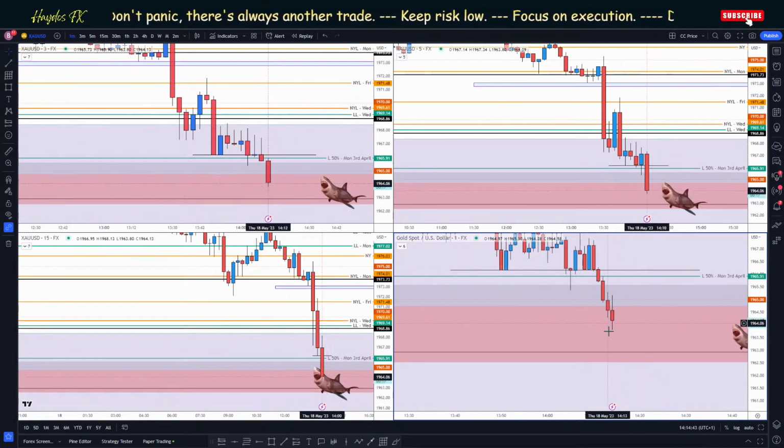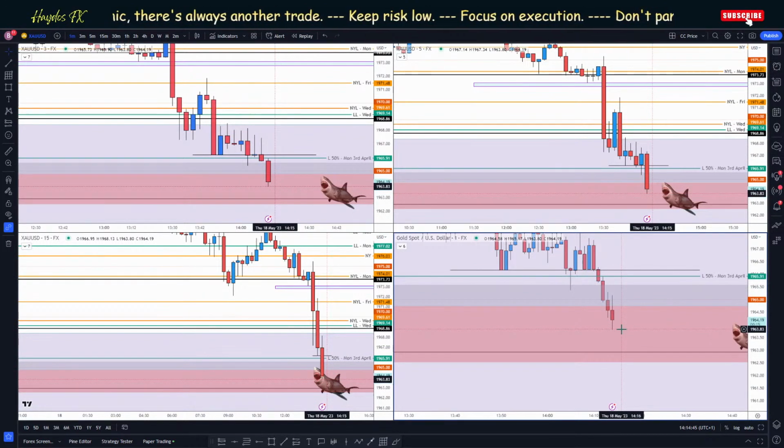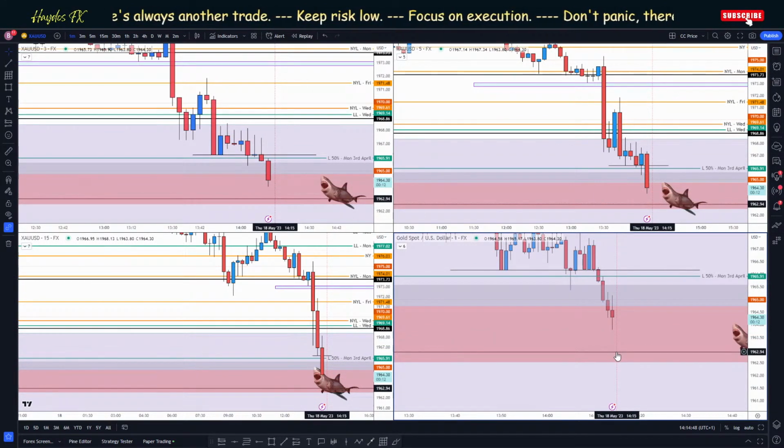Here's the fast move. Break the low. There's the another monthly level.